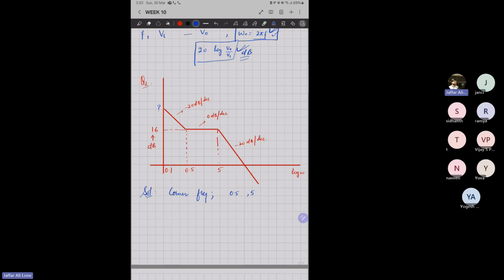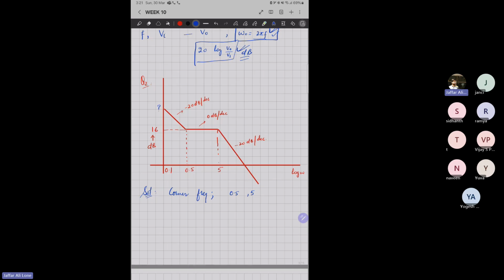So it means at 0.1 or 0.001, my slope is minus 20 dB per decade. It means I have a pole at origin, right? Because I know a pole gives a contribution of minus 20 dB per decade.